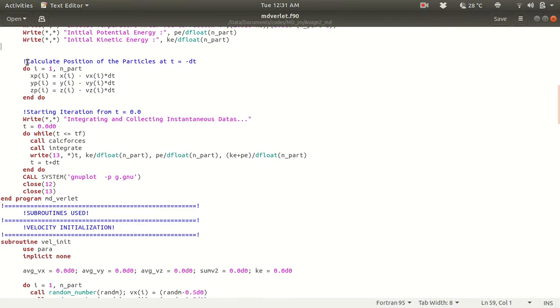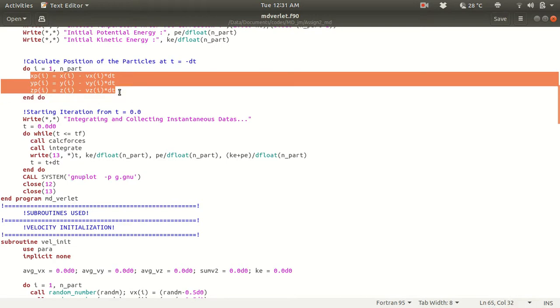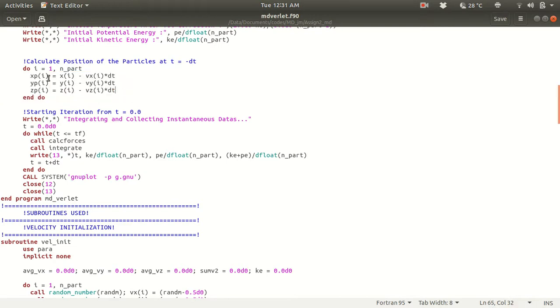Now to calculate the position, at the very first step, when t is equal to 0, we will be needing the position at t minus dt, which is basically at t equal to minus dt, which we are calculating using the Euler method. Euler is a simple method, which is basically x at t plus dt is x at t plus vx times dt. Here dt is basically minus dt, so there is a minus here, that's why.